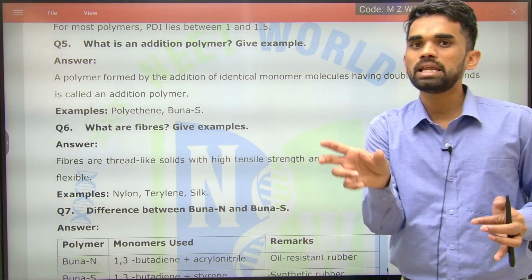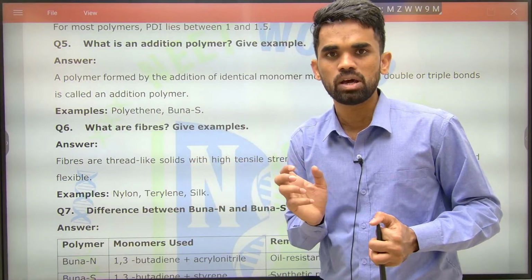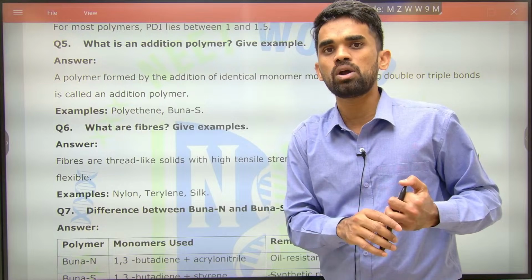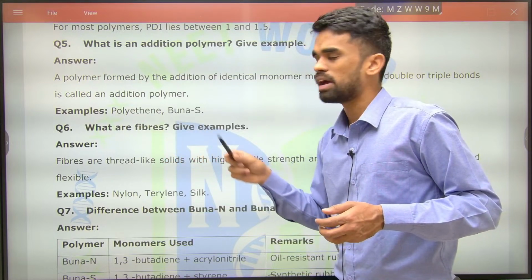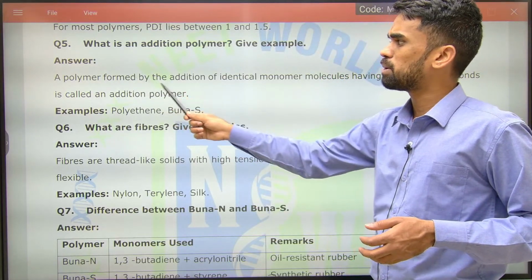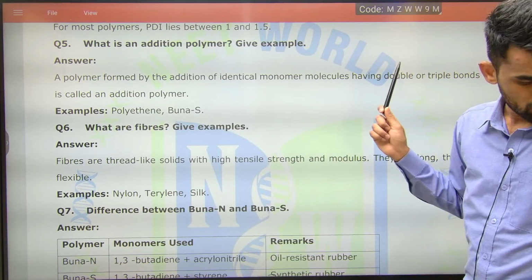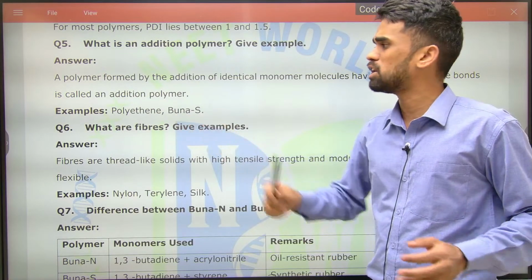For example, you take n molecules of monomeric ethene; they add to themselves and you get polyethene. Similarly, Buna S.